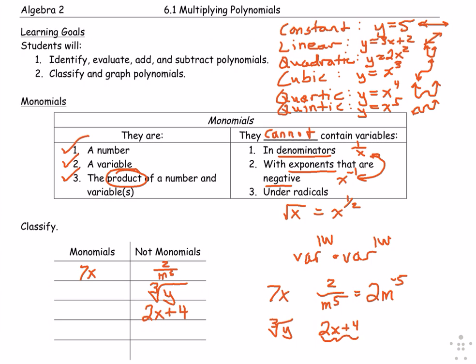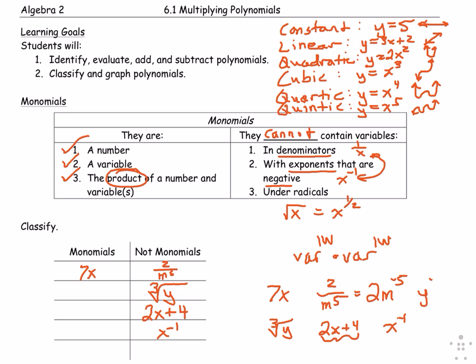This would be known as a linear binomial. So bi meaning 2, and here we're just classifying monomials, single terms joined by multiplication. x to the negative 1st power. Yep, not a monomial, negative exponent.